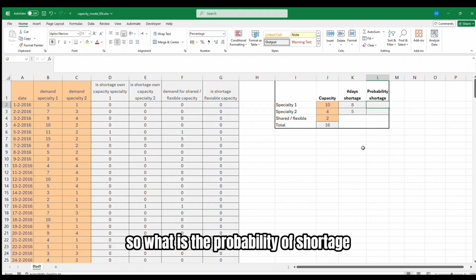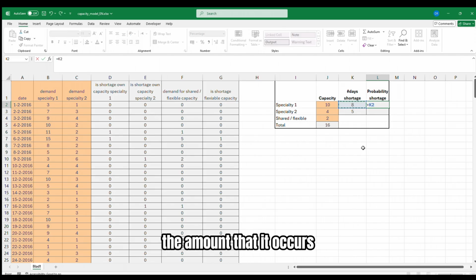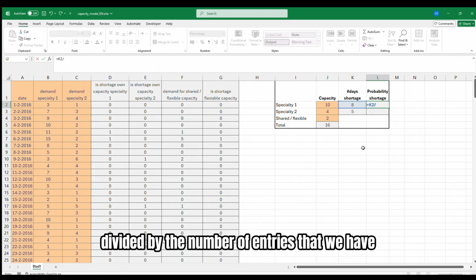So what is the probability of shortage? It's the amount that it occurs divided by the number of entries that we have.